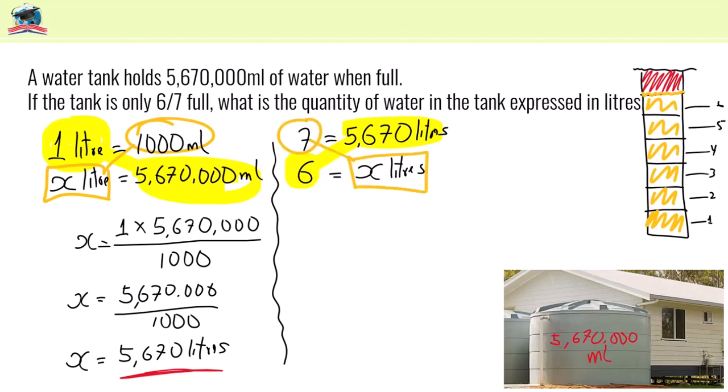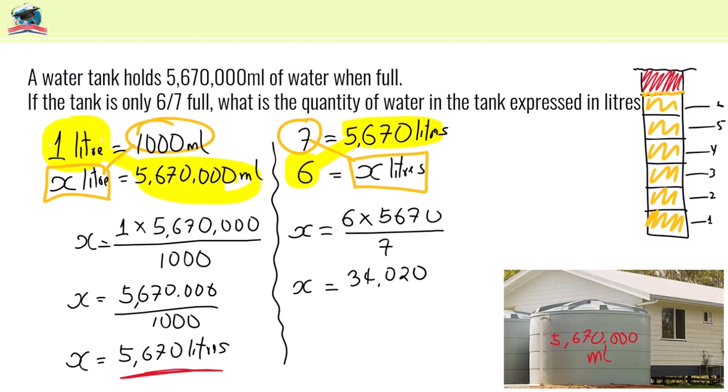So we're going to have x in liters will be 6 multiplied by 5,670 divided by 7.